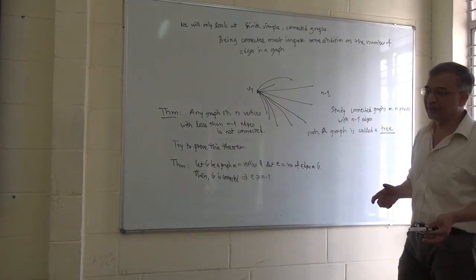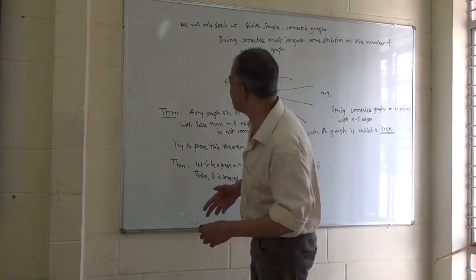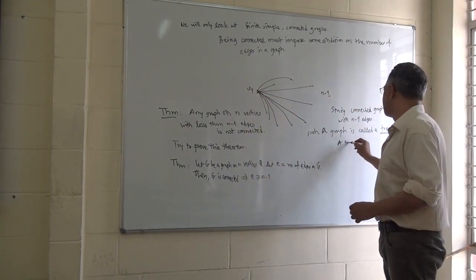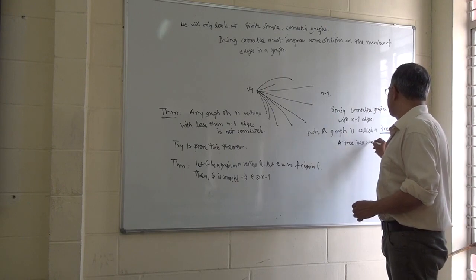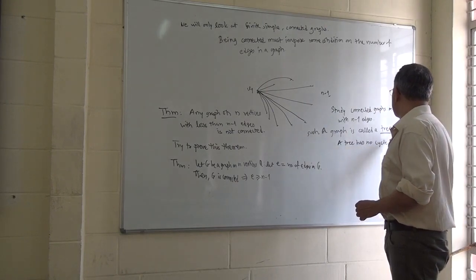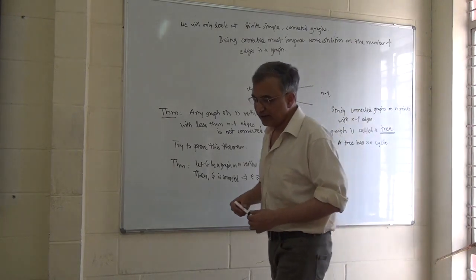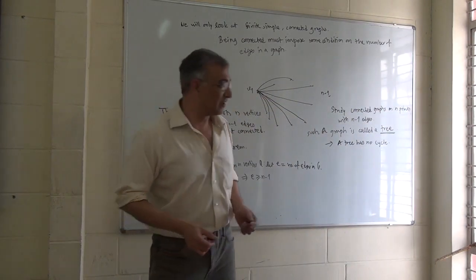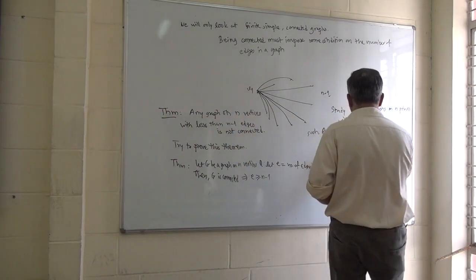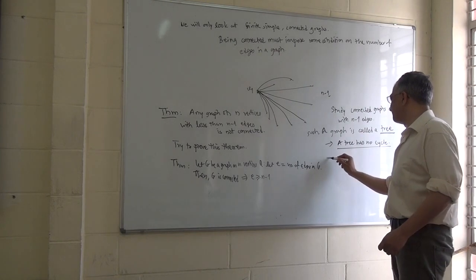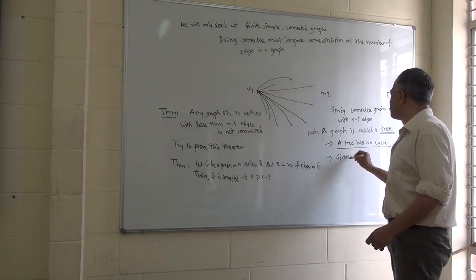And you will prove some theorem that it has no closed path. So it has no cycle at all. The tree has no cycle. And there are various theorems about this tree. Also what we can say is that given any 2 points, it's connected.